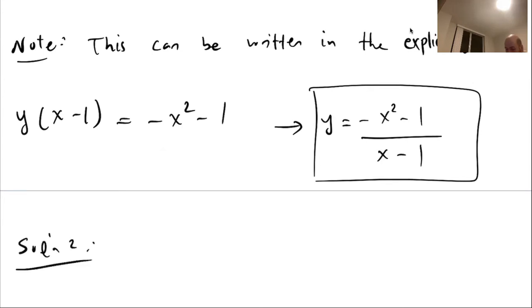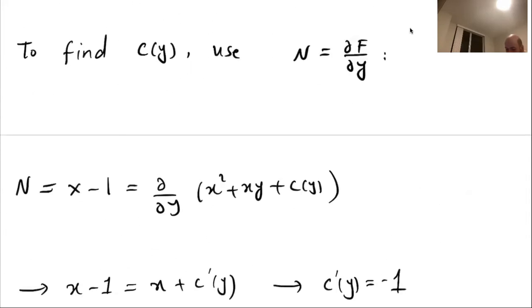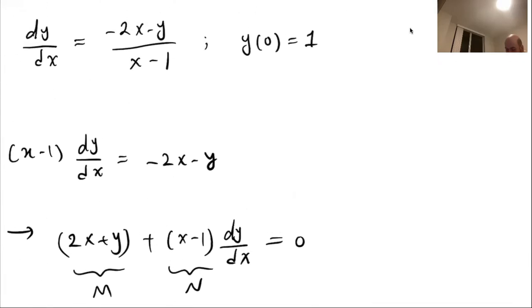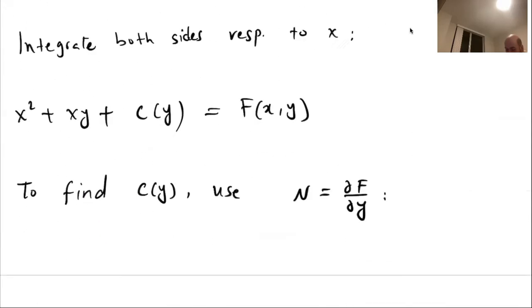If you write the equation one more time, x minus 1 times dy/dx equals minus 2x minus y.